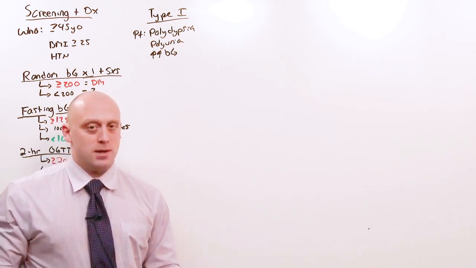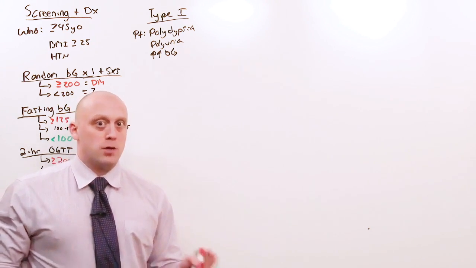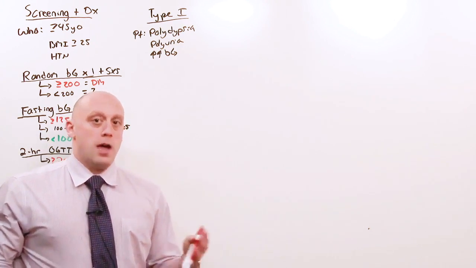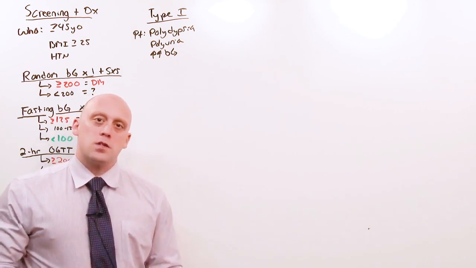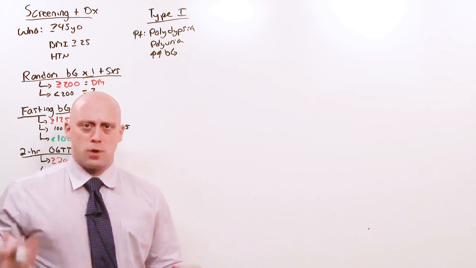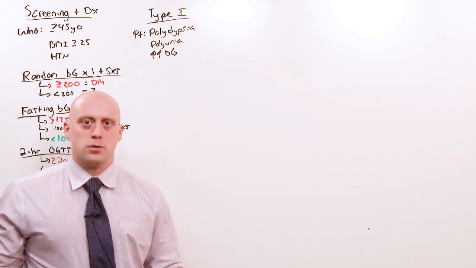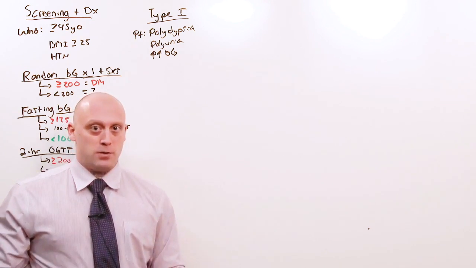Type 1 means autoimmune destruction. So if you see a kid with polydipsia, polyuria, weight loss, and a very high blood sugar, they've got diabetes. If you see the 65-year-old who had no diabetes, whose blood work was normal last year, who has polyuria, polydipsia, and a very high blood glucose, that's the same thing. That's the same autoimmune destruction of the pancreas.